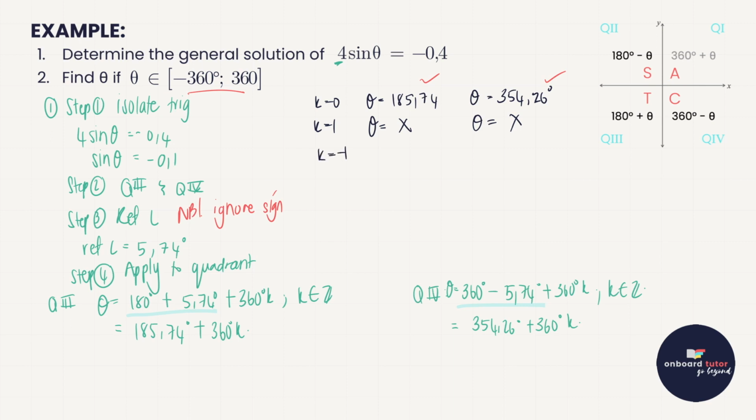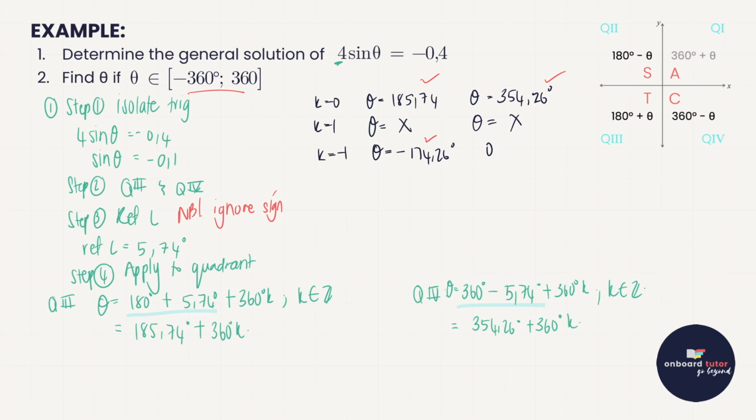Okay, let's substitute in a minus 1. So theta equals, that's going to be 185,74, and then plus 360 times minus 1. So that's the same as saying minus 360. Okay, that gives us an answer of minus 174,26. And that is still somewhere between minus 360 and 360. So that's cool.